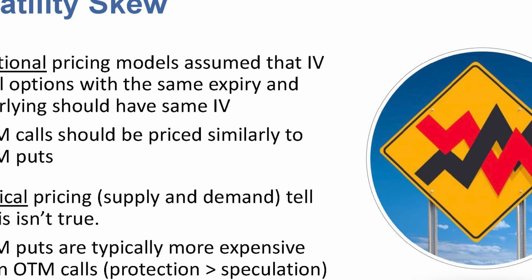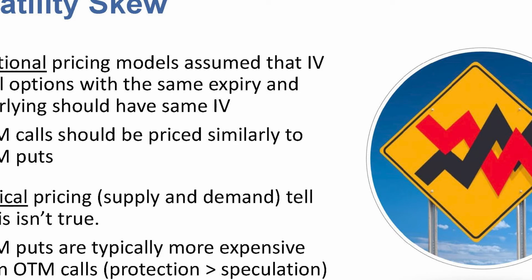Now let's talk about volatility skew. Traditional pricing models assume that all options with the same expiration and underlier should have the same implied volatility, meaning the 10% out of the money call should be trading at the same volatility as the 10% out of the money put. This is how options were priced for many, many years.